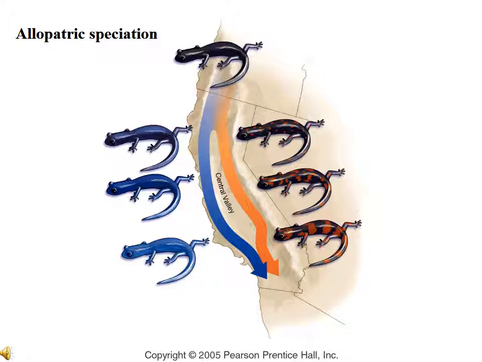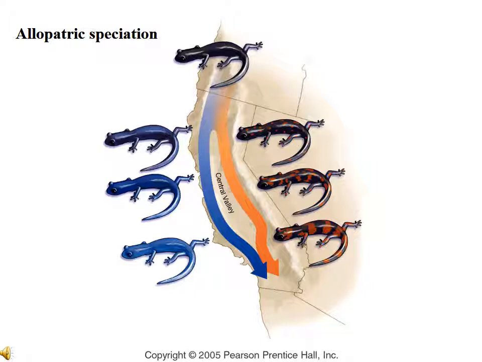Now, the conditions on the west coast and the conditions towards the eastern part of California are quite different. Basically, the environmental challenges on one side of California and the other side were quite different.